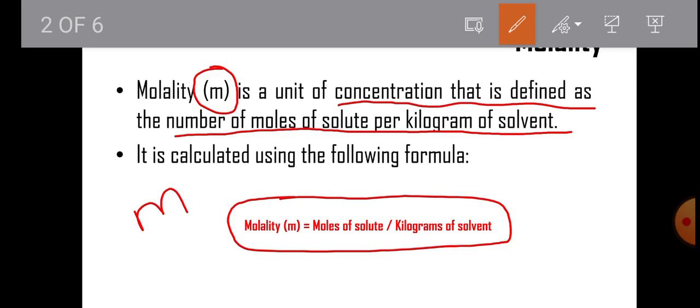So, we should compare while writing the answers in the examination. We have to remember all these things: how molarity is represented, how normality is represented, what is the notation, what is capital letter M, what is capital letter N, and what is small letter m, and what are the numerators and denominators in molarity, normality, and molality.